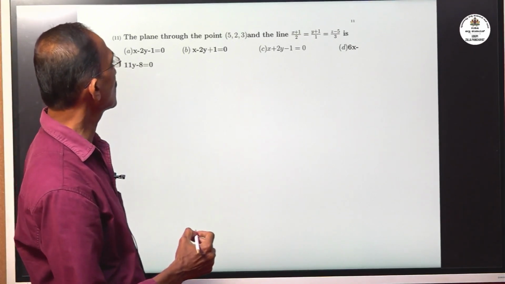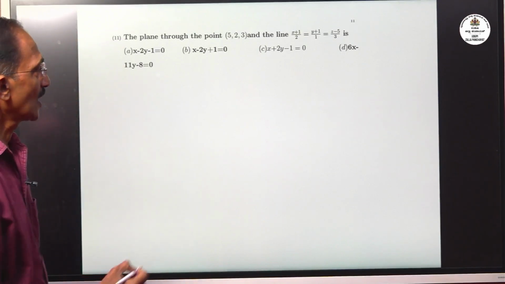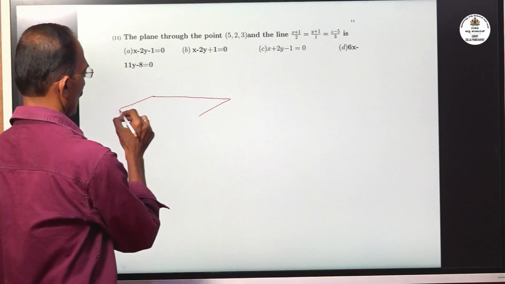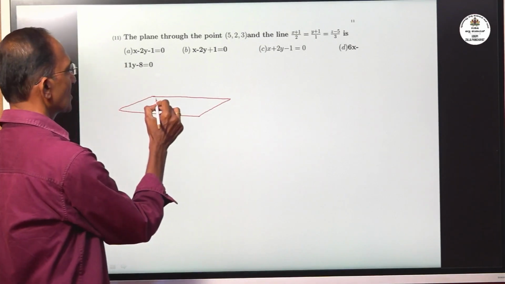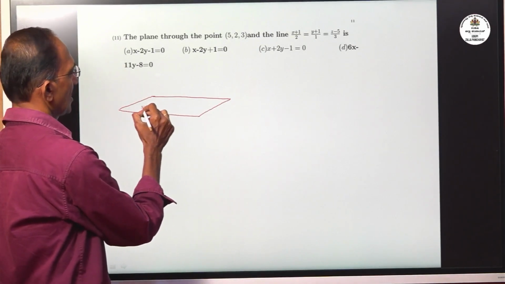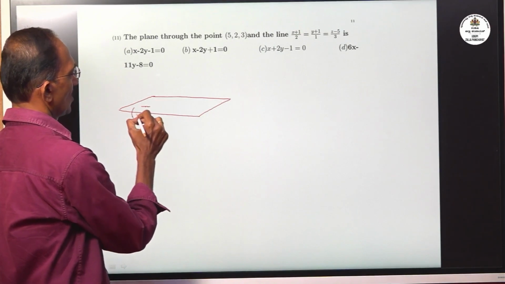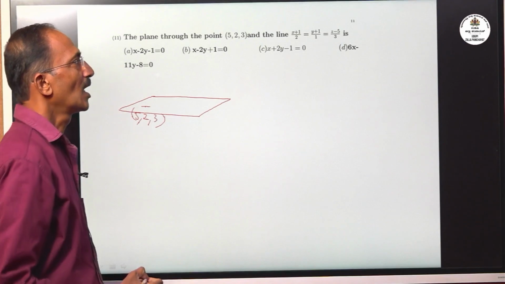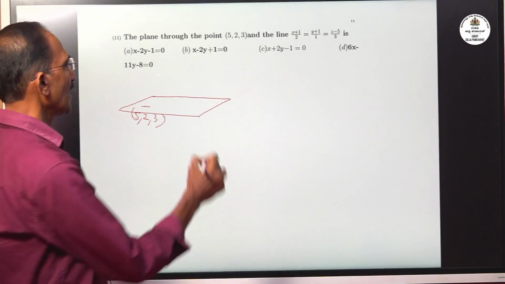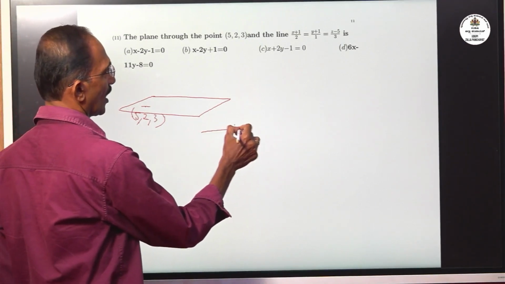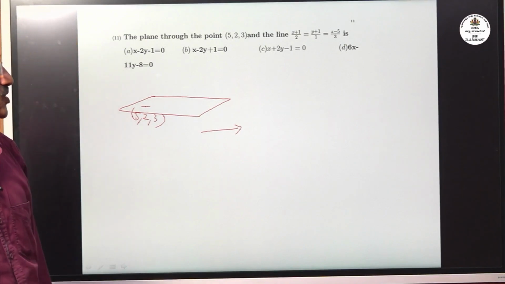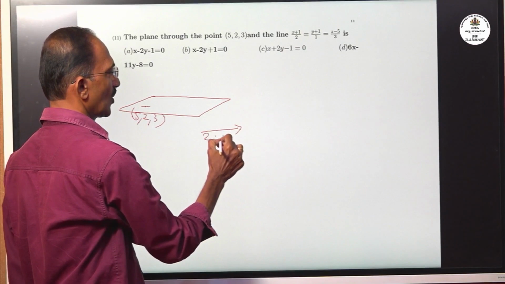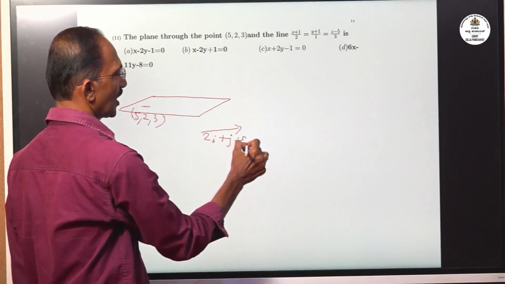The plane passes through the point 5, 2, 3 and the line, whose parallel vector is 2i plus j plus 3k.